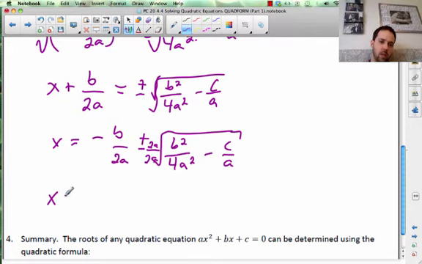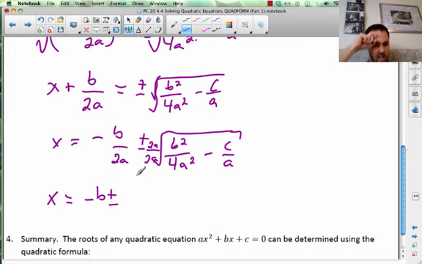Now, what that will look like is negative b plus or minus, and when we move this top 2a in, when you move it under the radical sign, it becomes 4a squared. Because to bring it out, you'd square root it, and it has to end up as 2a when you square root it.